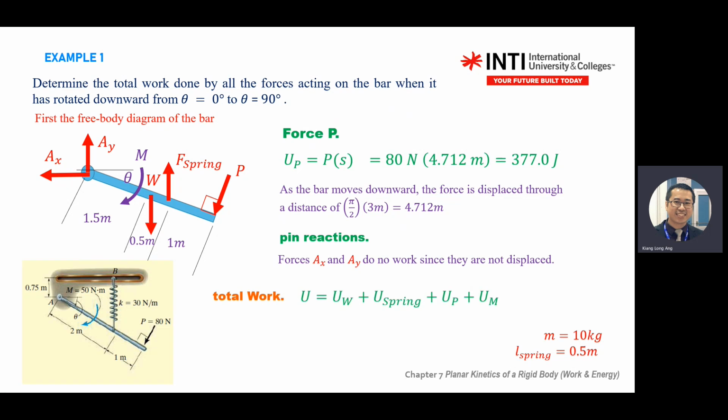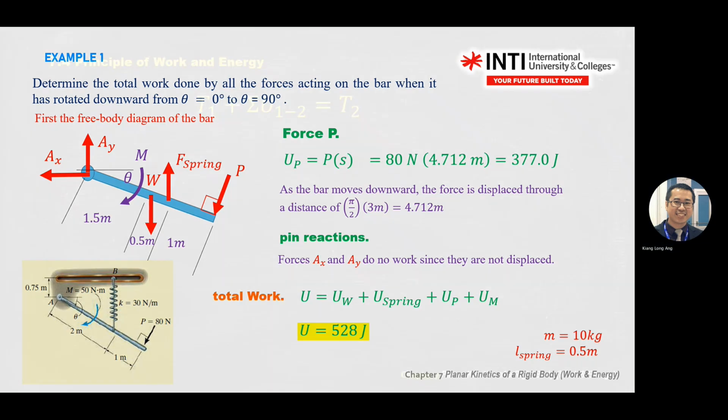So you add all the work together, and you get this. So this is how you calculate work. Then later you link with the principle of work and energy. You find something like, for example, the angular velocity of the rod when you turn it. That one is later, but it links with what you learned.